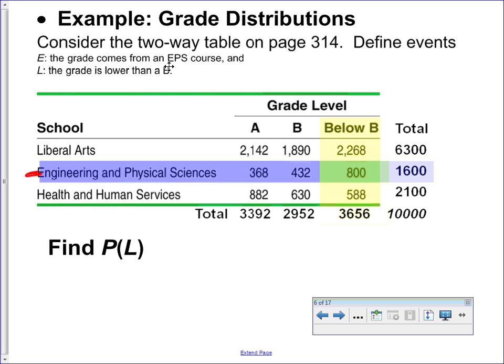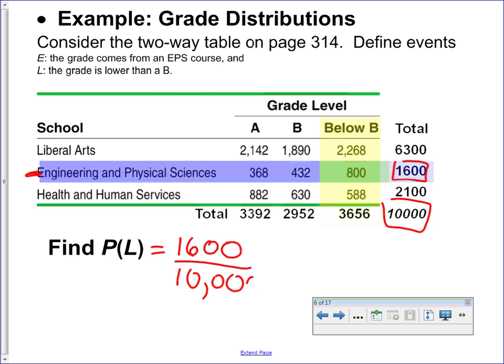What we're going to be looking at, the probability of L, is these were the grades given to an EPS course, and these were the total grades. So the probability of L is 6, if we chose one grade at random from the student population, the chances that it would be an engineering class is that right there.